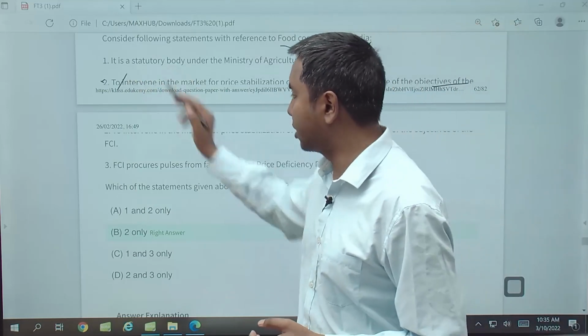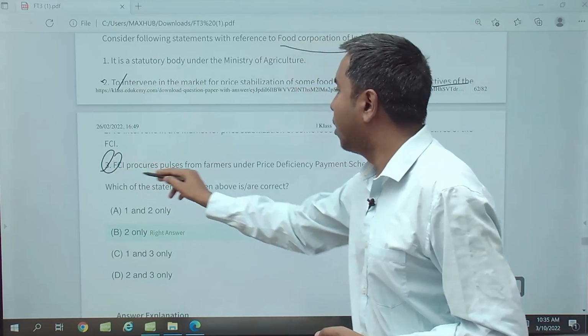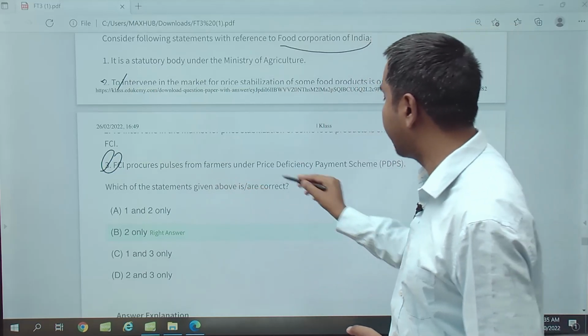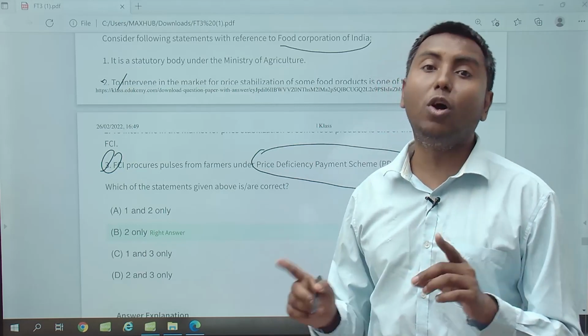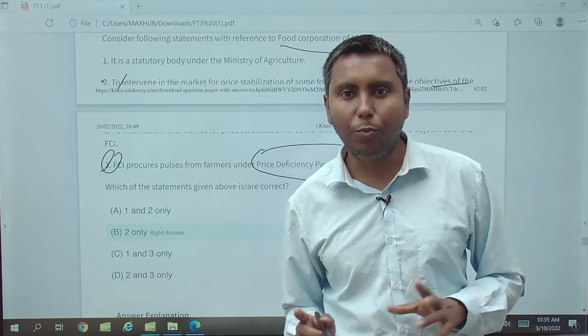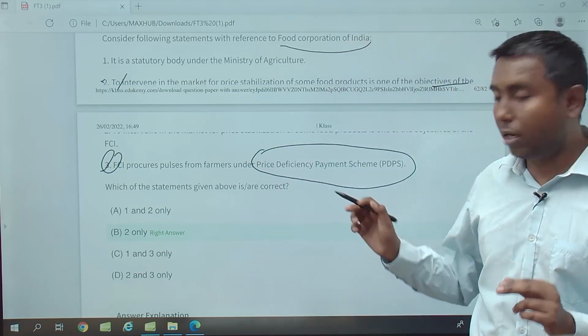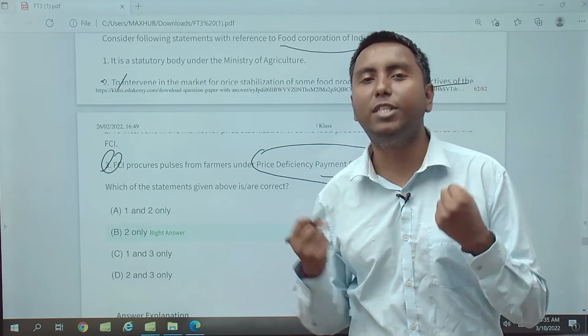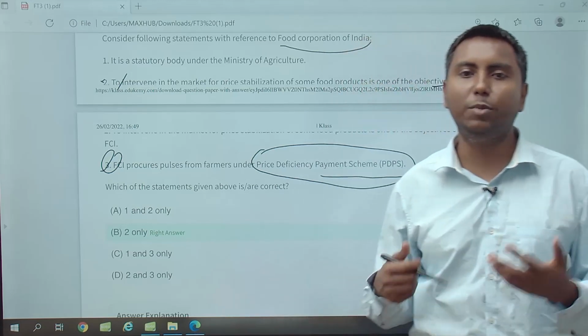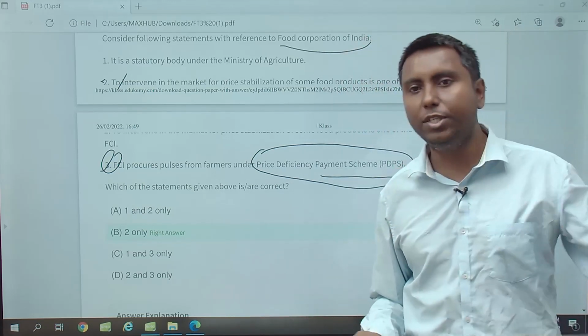This is the objective. 3rd, FCI procures pulse from the farmer under the price deficiency payment scheme. Now, if you know about PM-AASHA, and if you know about the price deficiency payment scheme, then you know that there is no physical procurement under it.